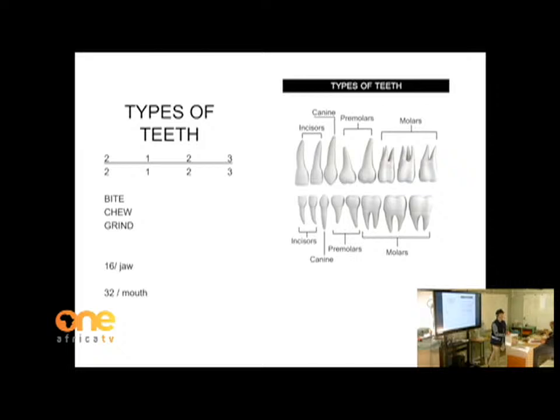So your assignment is: draw a tooth and find the advantages and disadvantages of adding fluoride to drinking water. Okay, thank you.